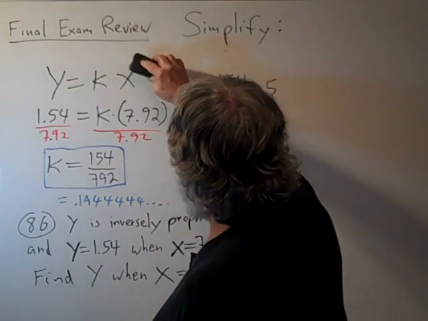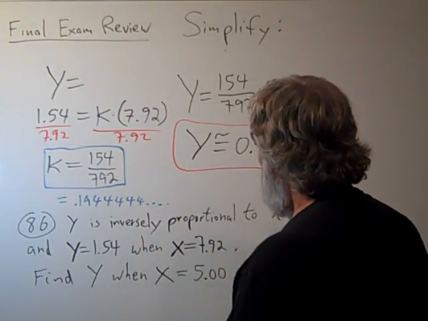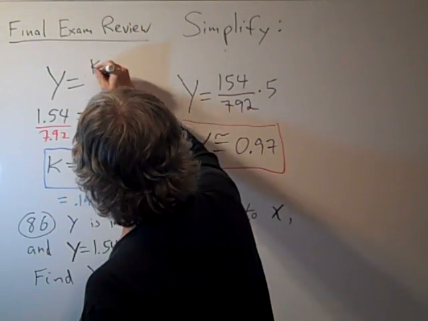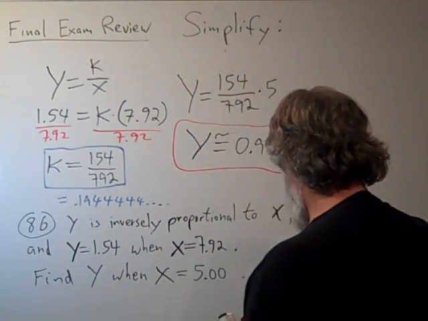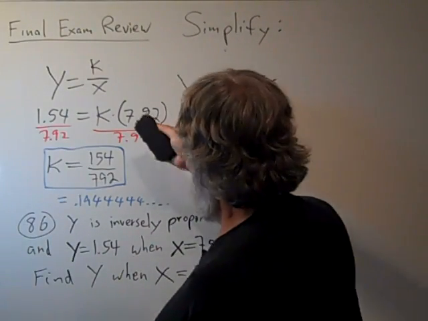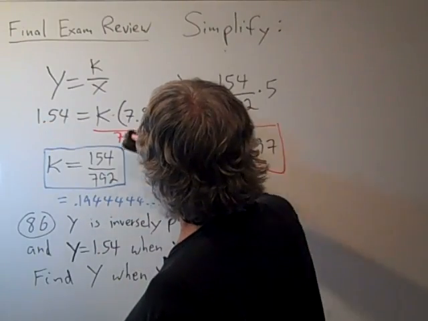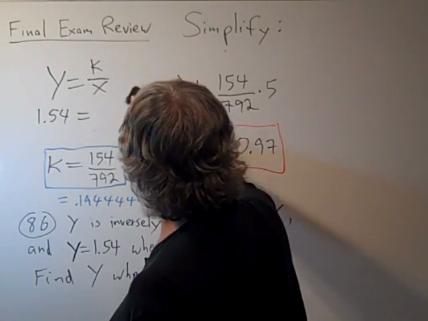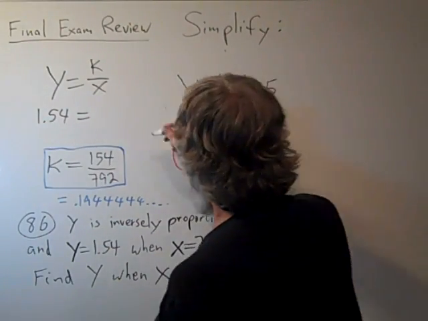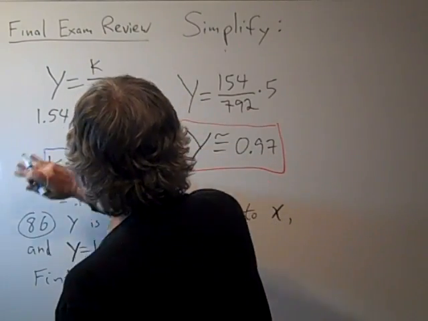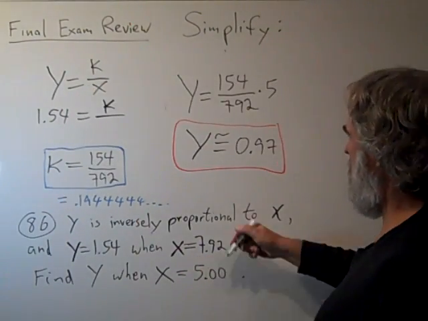So instead of y equals kx, y is equal to k divided by x. So when y is 1.54, the other side became k divided by x, and x is 7.92 here.